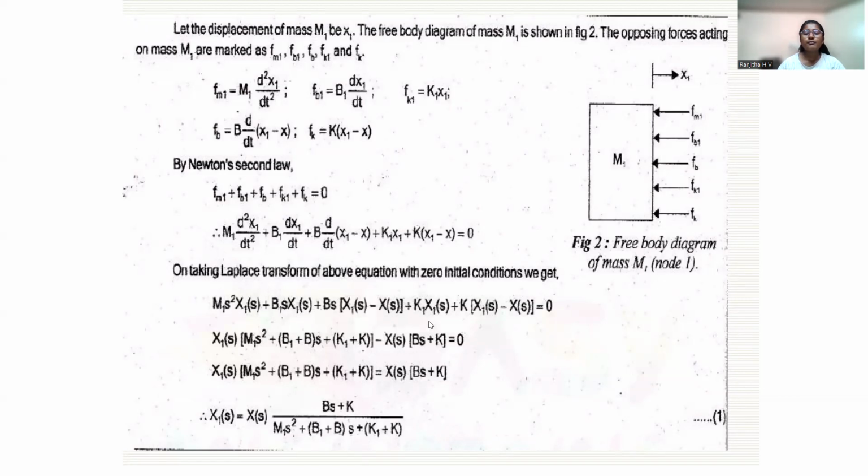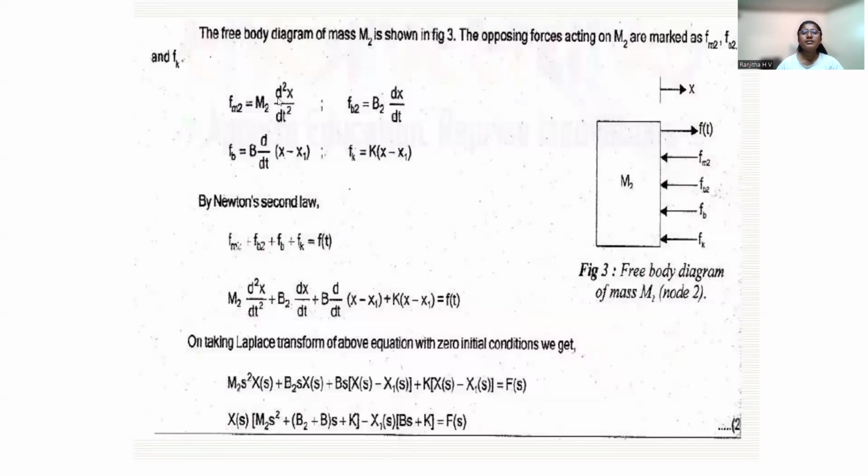Again, we apply the Laplace transform for all the equations. Taking X1 of s common, we get X1 of s into (b s plus k) divided by m1 s square plus (b1 plus b) s plus k1 plus k.